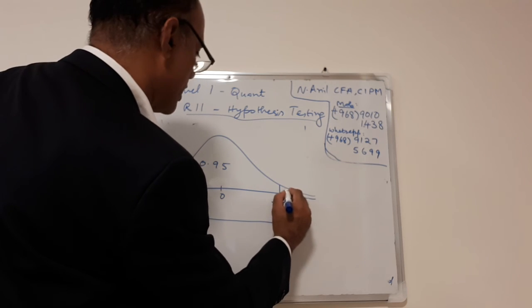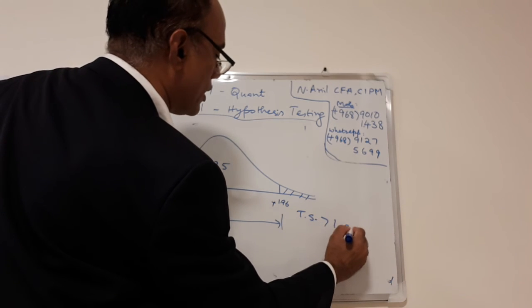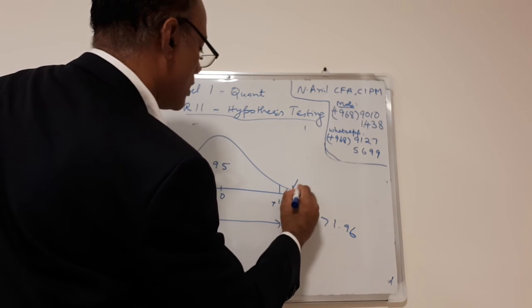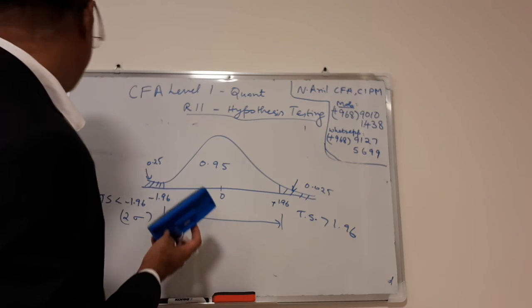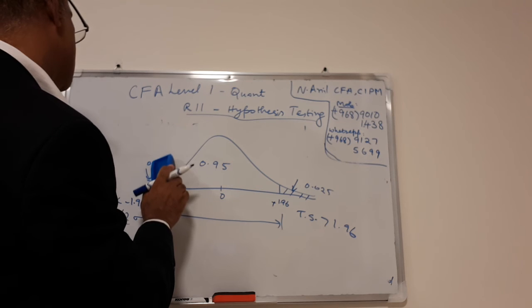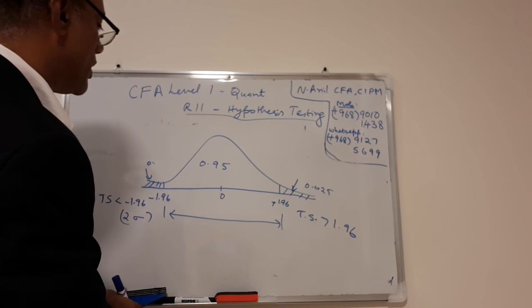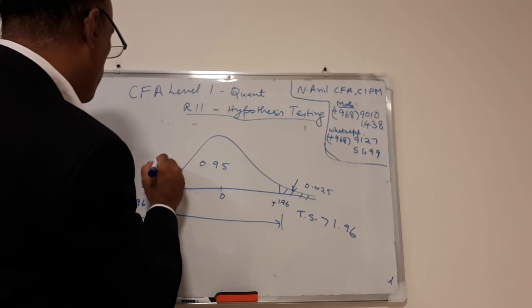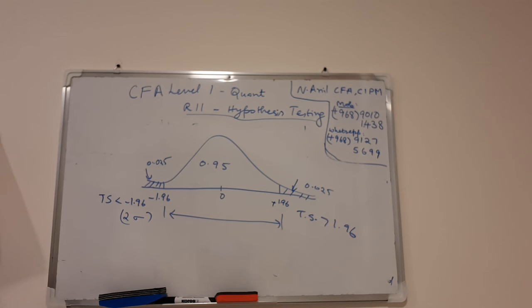And this area is where TS is greater than 1.96. It's 0.025, not 0.25. 2.5% is the probability of the test statistic being greater than 1.96 or less than minus 1.96.